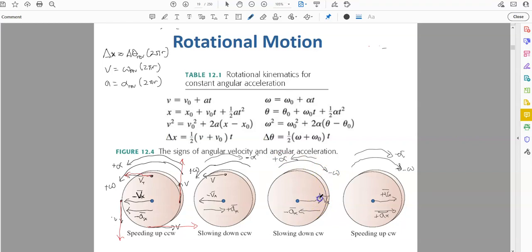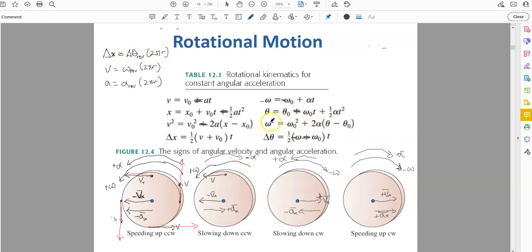Positive velocity vector, negative acceleration vector. Which means these linear acceleration vectors are going to be negative, but the velocity vectors are going to be positive. In the angular sense, omega is going to be negative, but the accelerations are going to be positive.